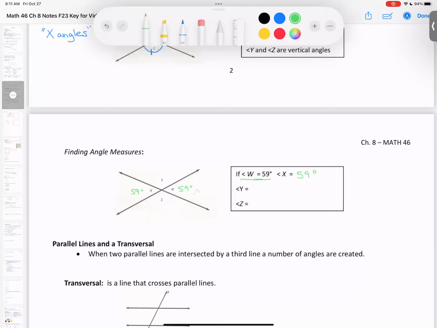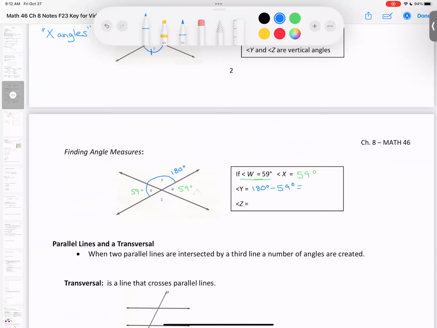What about Y and Z? Well, we can think of this a few ways, but let's think of angle X and Y as together forming a straight line. In other words, they're supplementary to each other. And so that means angle Y must be 180 degrees minus 59 degrees.